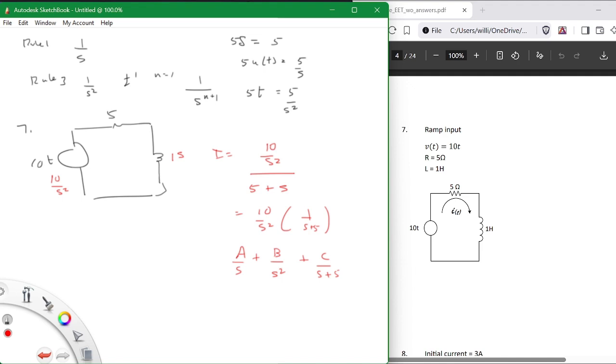Okay, let's try this, see what we got. 10 is equal to A times S plus 5 plus B times S plus 5 plus C times S squared. Does everybody agree with that?